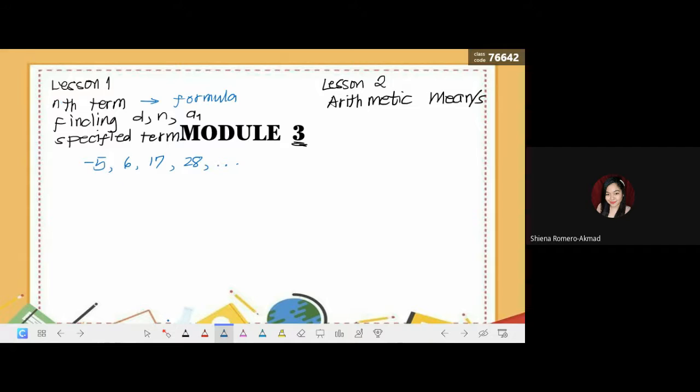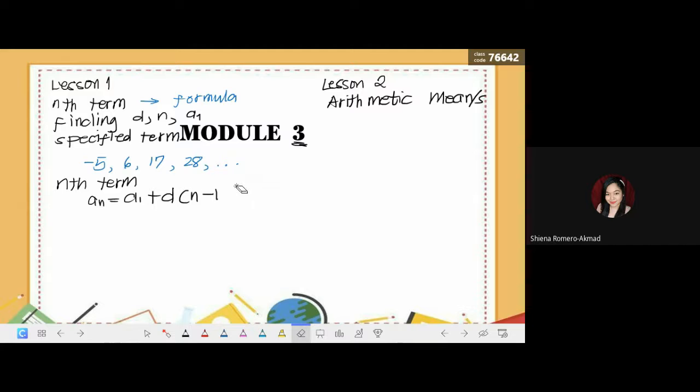Pag end term ang hinahanap, kukunin nyo yung formula. So, how do you do that? Of course, you have to use yung formula ng arithmetic sequence. And that is a sub n equals a sub 1 plus d times n minus 1. Okay?